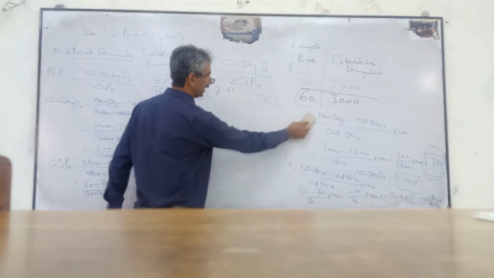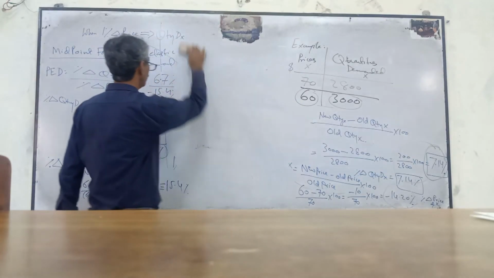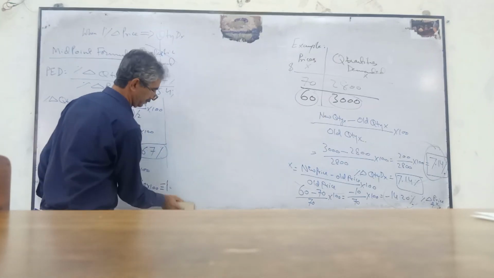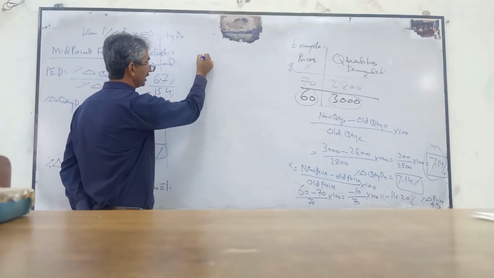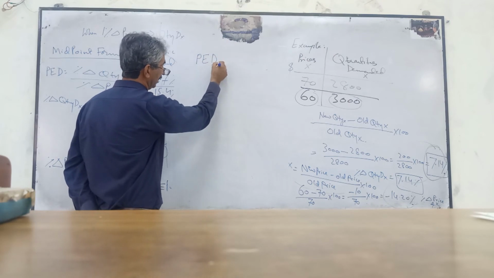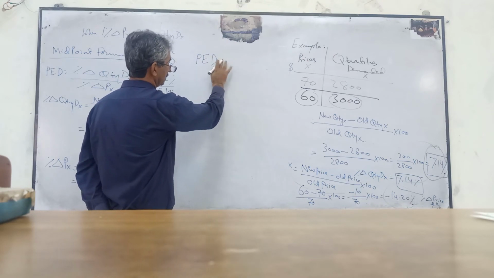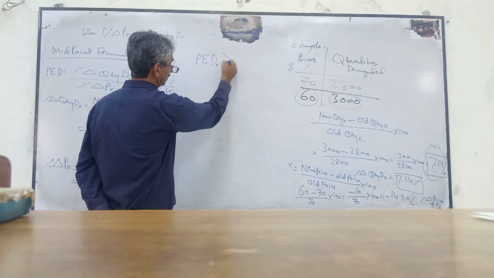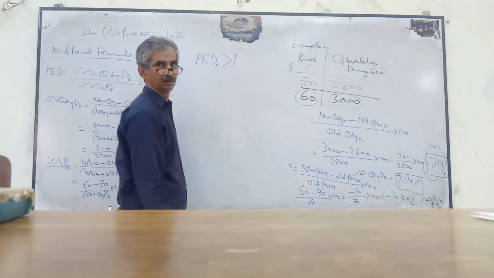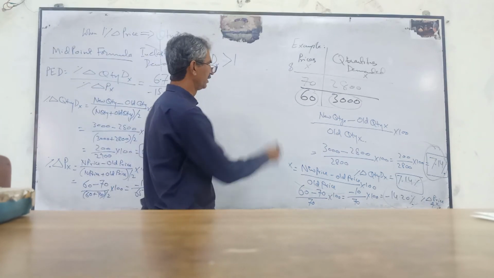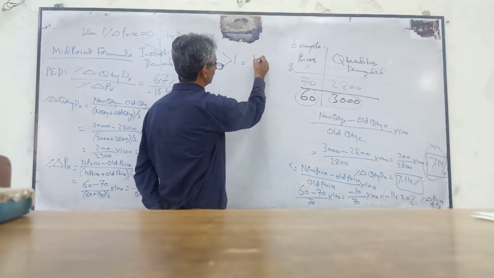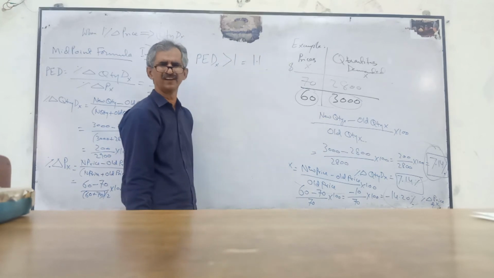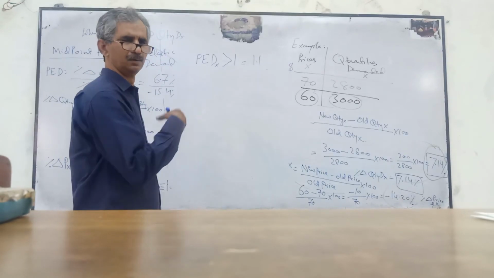Now I have to explain what happens when the price elasticity of demand of X is greater than 1. Greater than 1 means, suppose it might be 1.1 or 1.7 or 5 or 6.